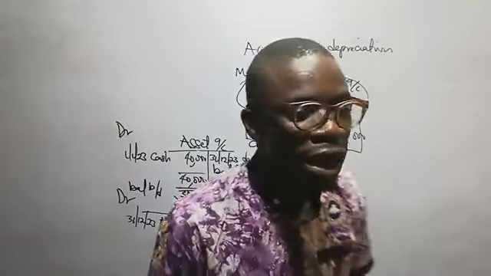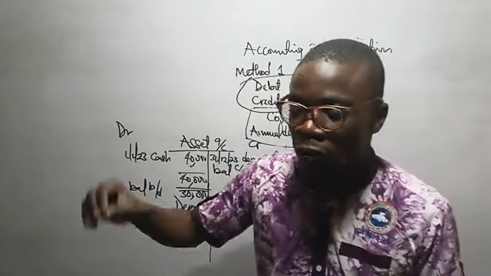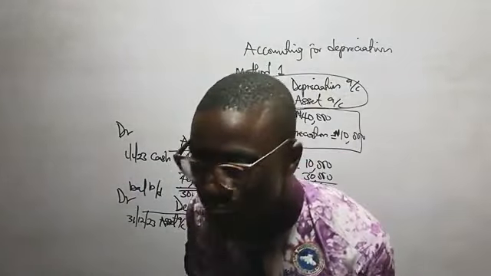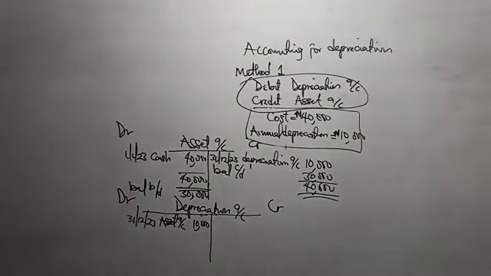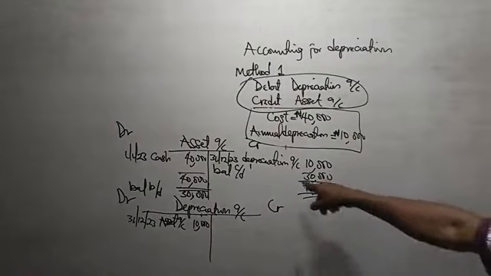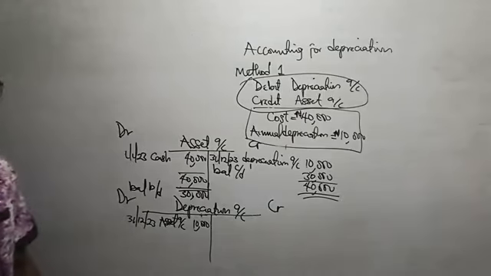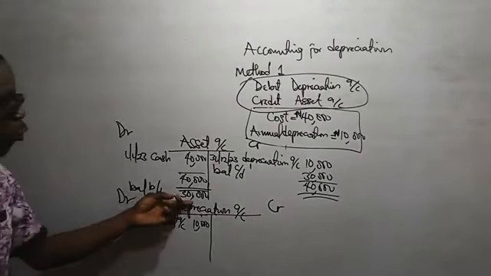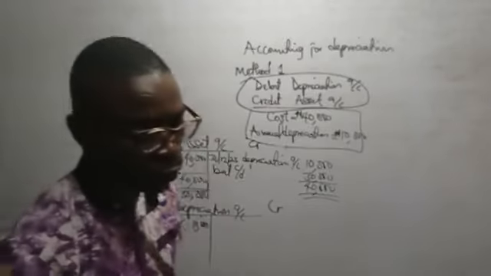In double entry, when you want to reduce the value of an asset, you credit the asset account, to reduce it by the 10,000. So the carrying amount, or the balance carried down, will now be 30,000 naira.